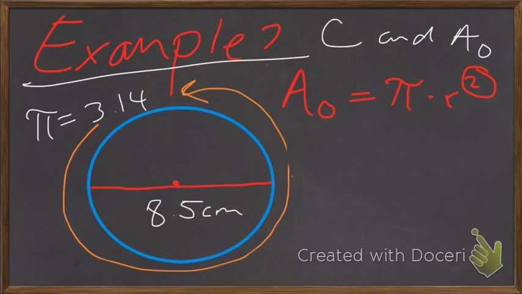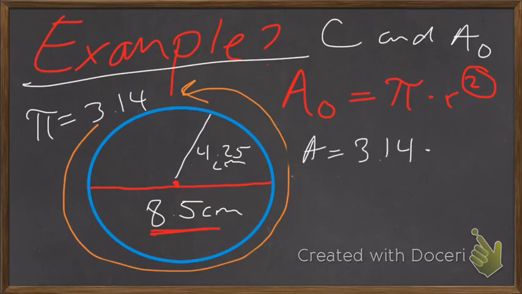In this case, our diameter was 8.5. Therefore, our radius should equal half of 8.5, which is 4.25 centimeters. So maybe you can draw the radius. So, area equals 3.14 times 4.25 squared.